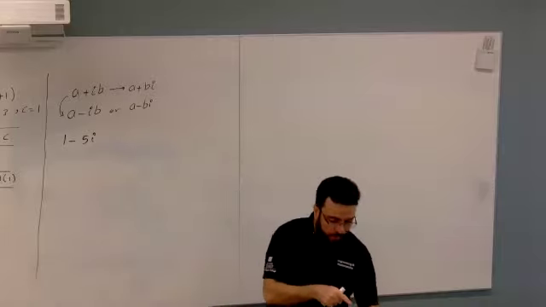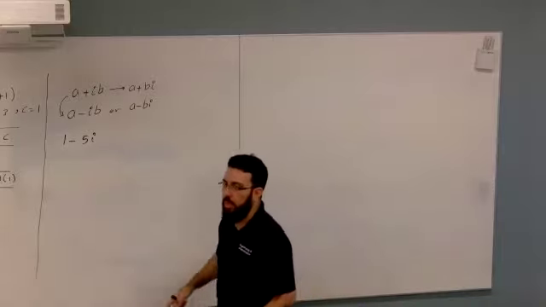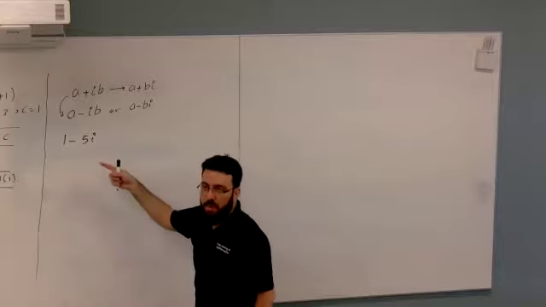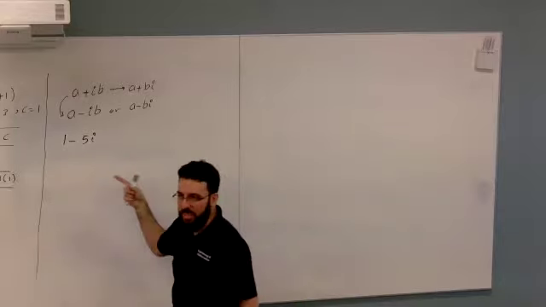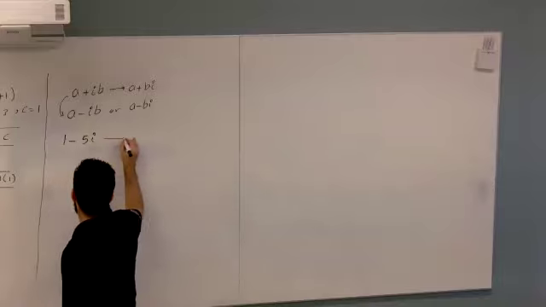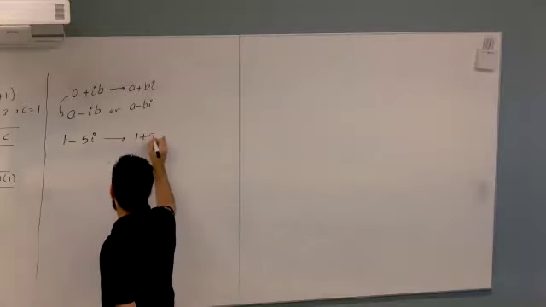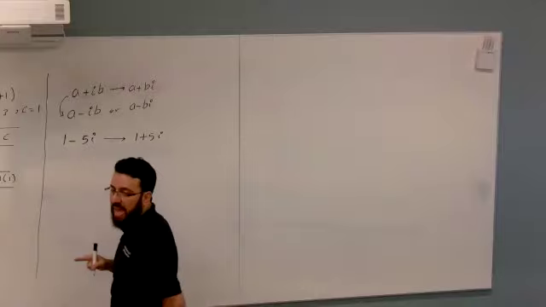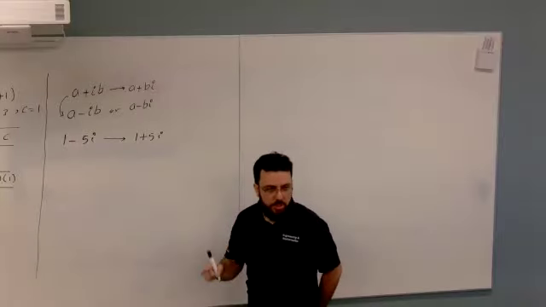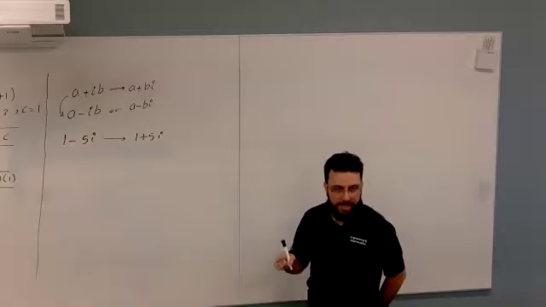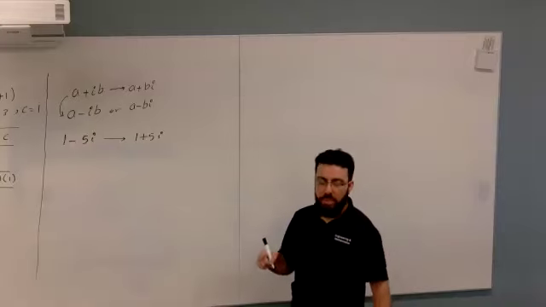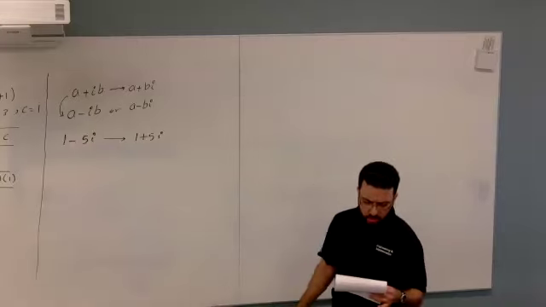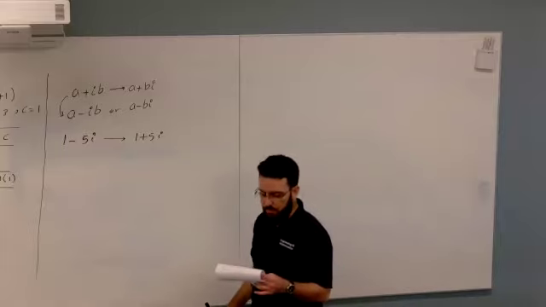So by using the conjugate zero theorem, the conjugate for this number is also a zero. What's the conjugate for this number? 1 plus 5i. So how many zeros do I have? I have 2 zeros. That's the idea. Now we need to find the rest. I ask you, find the remaining zeros.